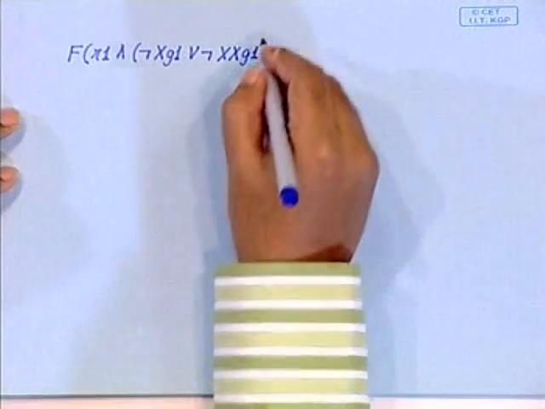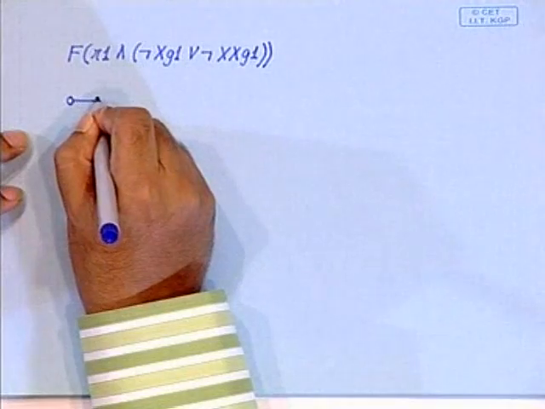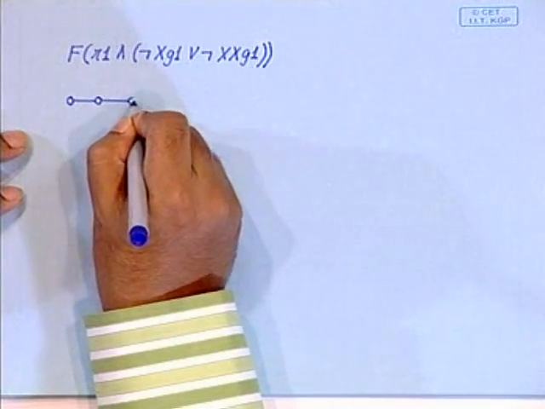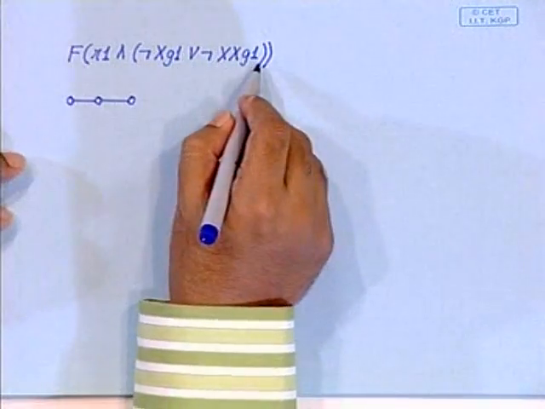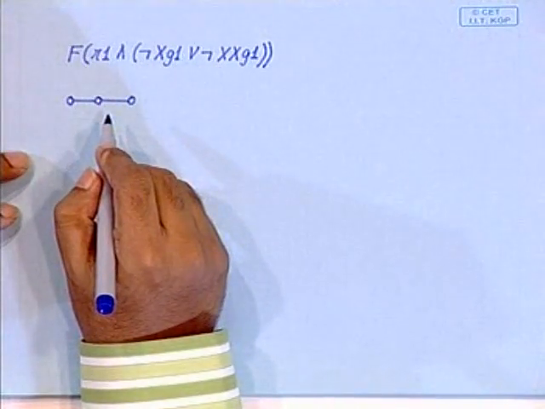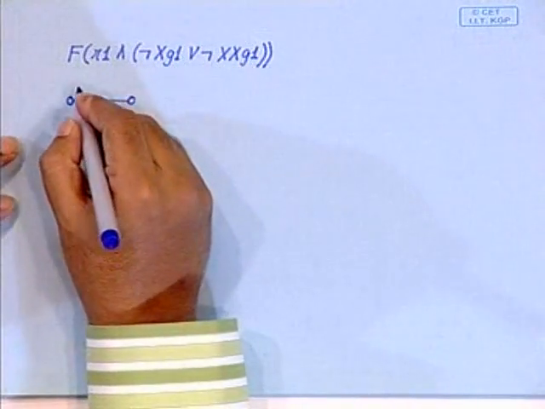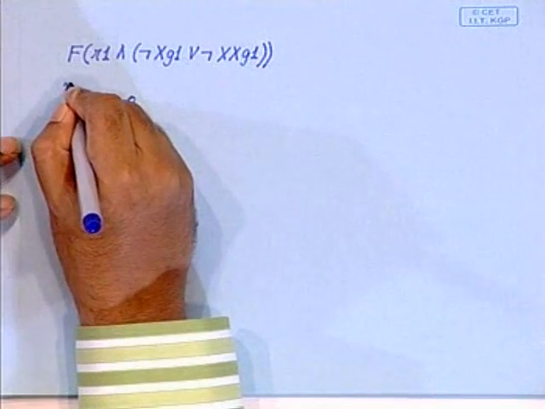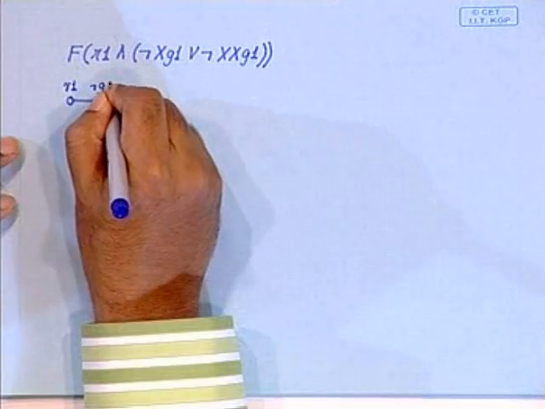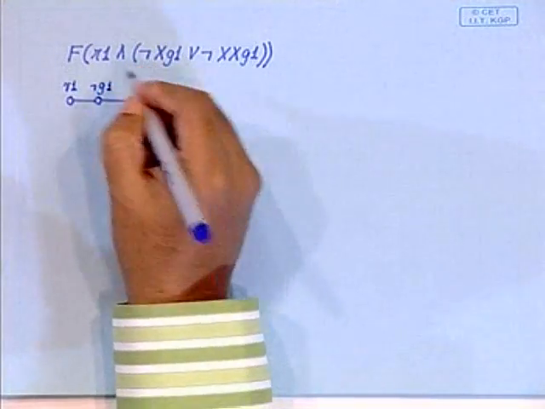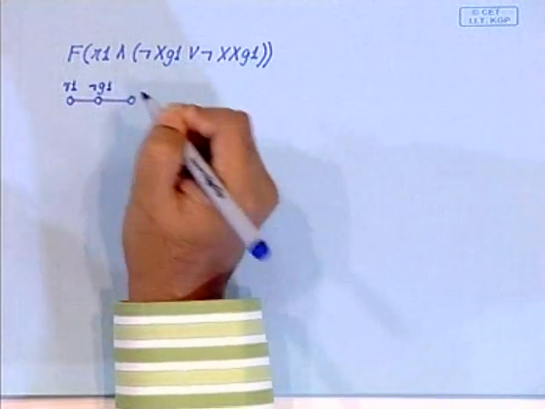Now if I look at traces of length 3, in what ways can this be satisfied? One thing that you could have is R1 here and not G1 here, and not G1 here.